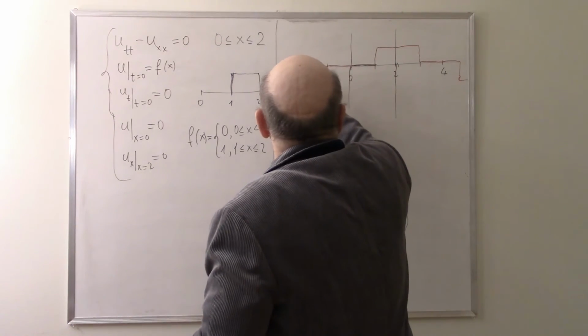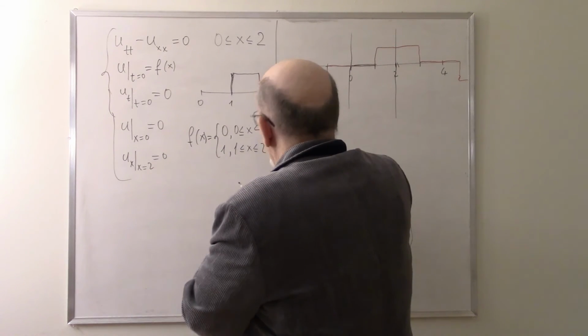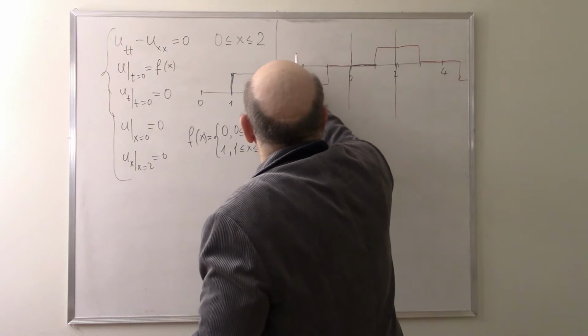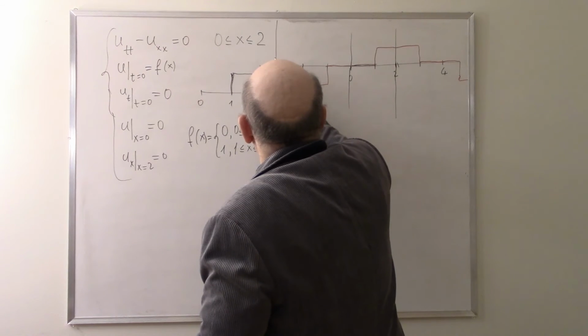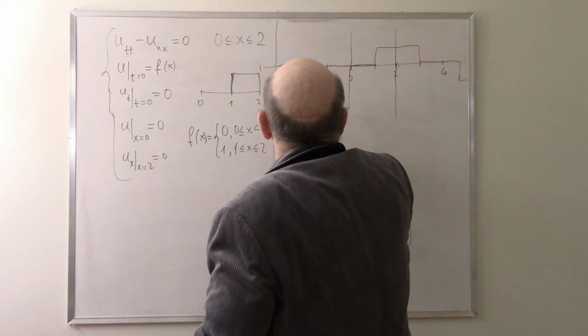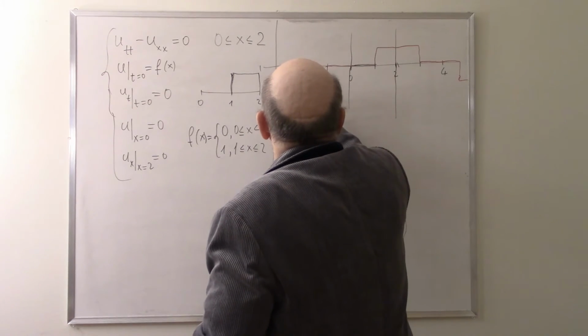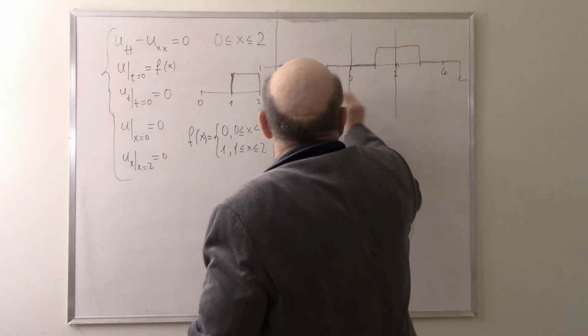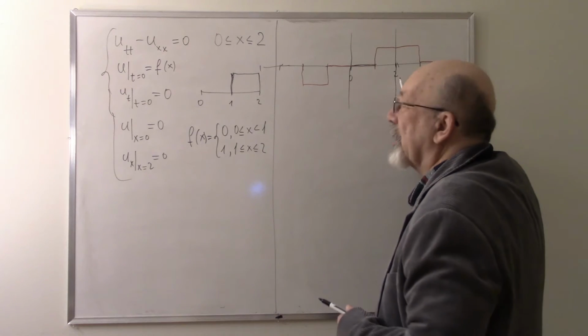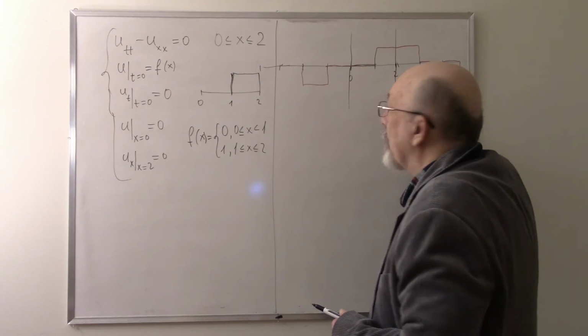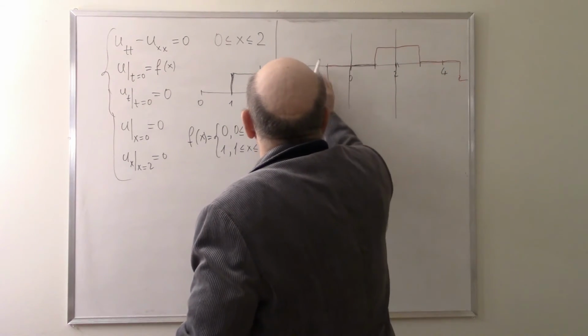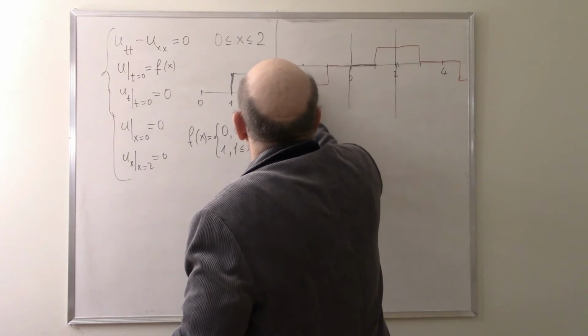Here -2, -3, -4. So here we have again a reflection of the point 2. At this point 2 we have the Neumann condition. So here we have also an even continuation like this.